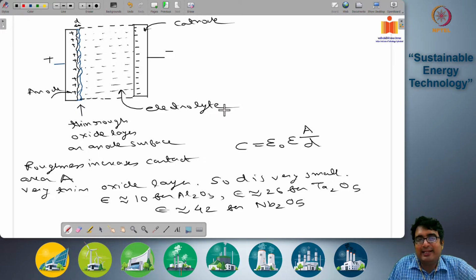Because the electrolyte is here, this electrolyte is actually a carrier of ions. So, the negative charges can actually be transported through the electrolyte, getting attracted to the positive charges here in the form of negative ions, and these negative ions can migrate here.